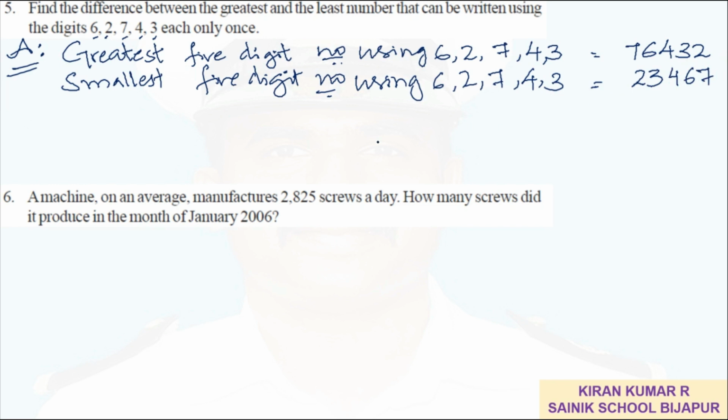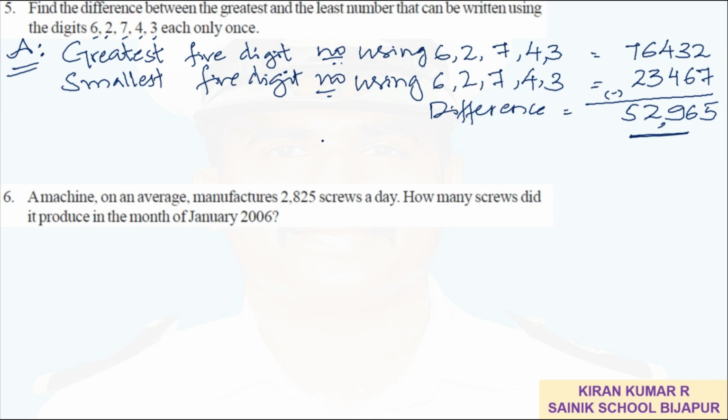So now I need to find out their difference. So to find the difference, I need to subtract. Upon subtracting, I'll be getting 52,965. You can cross check this. This will be the difference of the numbers.